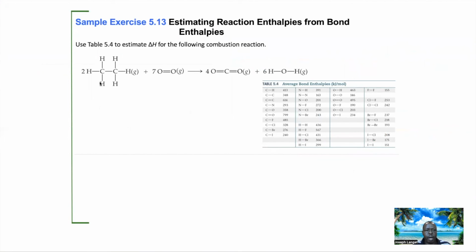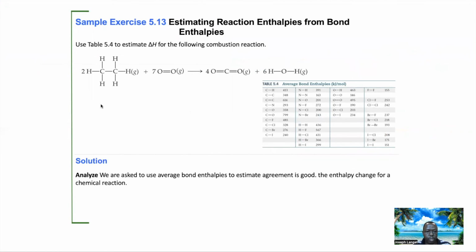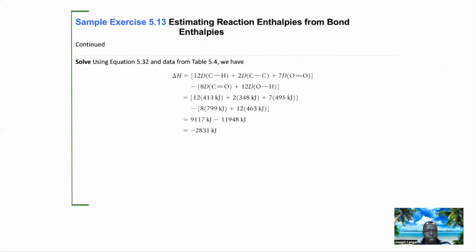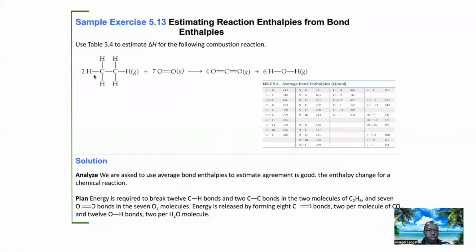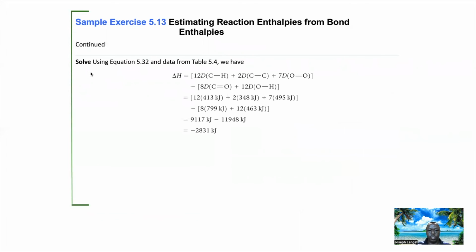So we have carbon to hydrogen bonds, so when you look at that, there is 12. Where is 12 from? 1, 2, 3, 4, 5, 6 times 2 is 12. All right. Carbon to carbon is 2. Therefore, you see the 2 here.